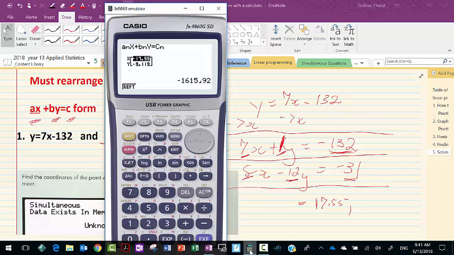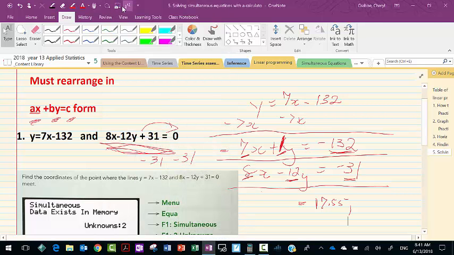Negative 9.119. Anyway, you get the idea.